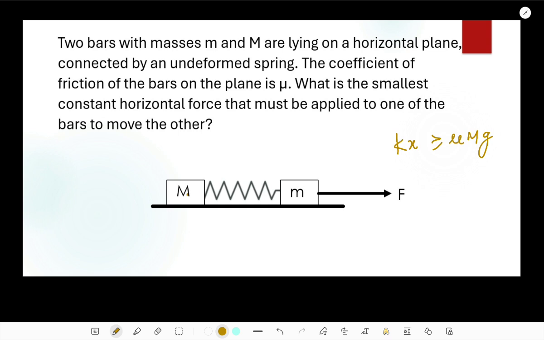So we need to extend the spring, and we cannot extend the spring until we apply a force on the block of mass small m.